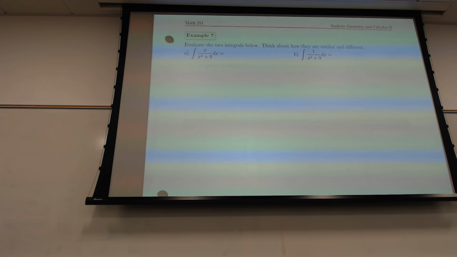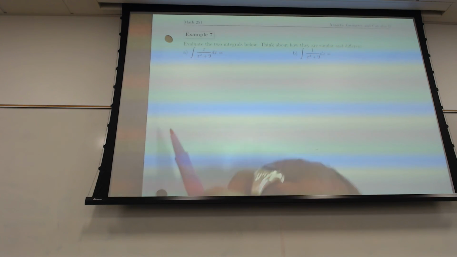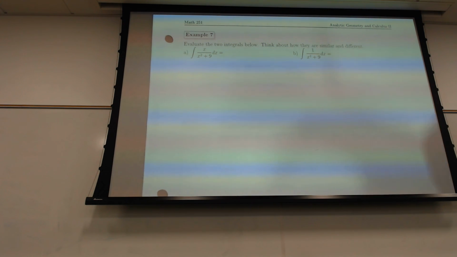So let's have a look at this one. What about letter A? Which method of integration would you use to compute this integral? The U-substitution, right? The U-substitution works whenever we have the derivative of the most complicated expression multiplying with the dx.